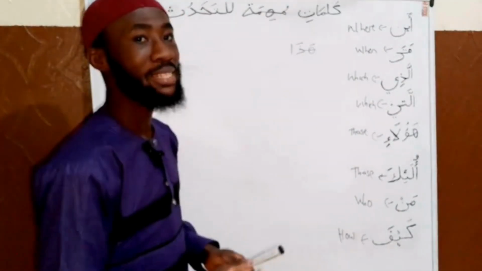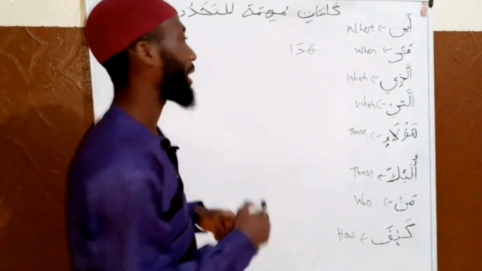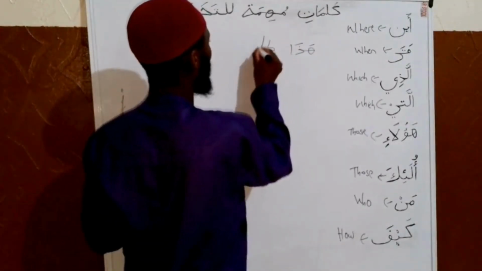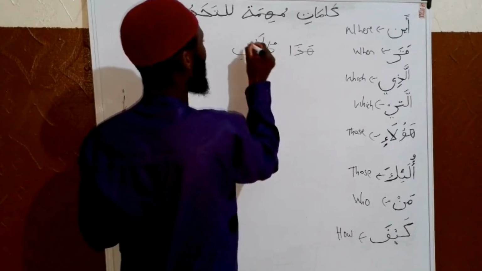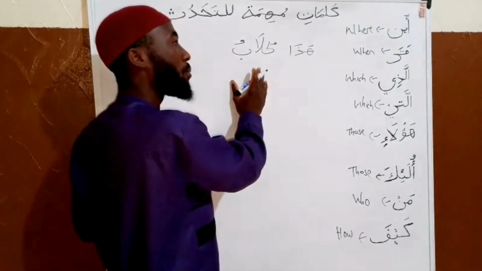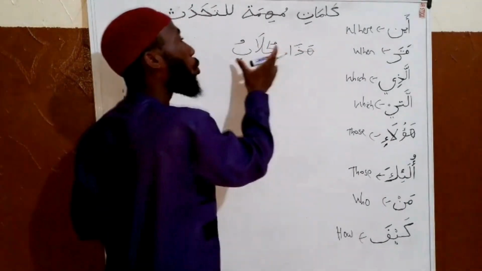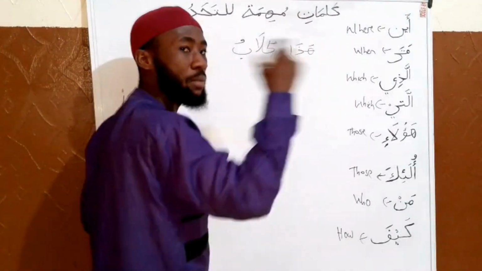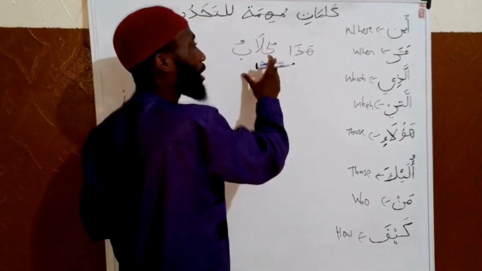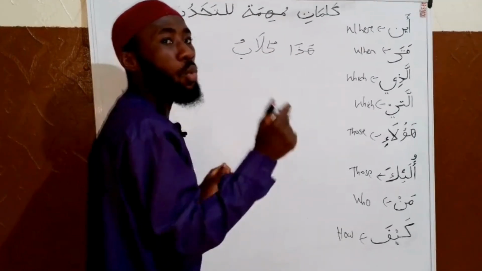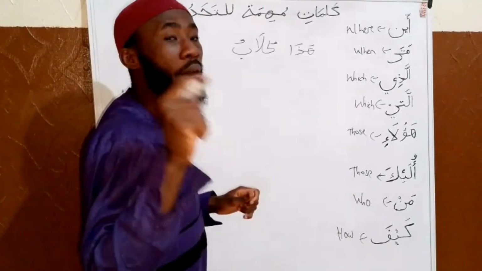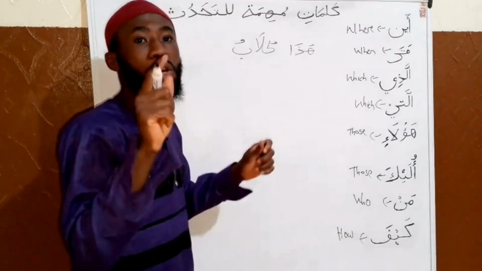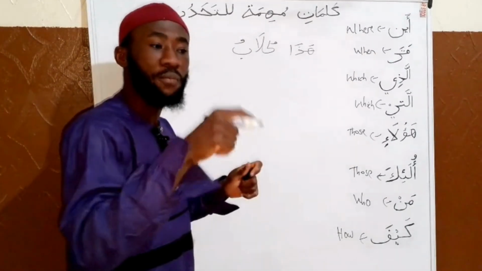Now hada talib, you can't say hada tulab, this is wrong, because hada is singular and tulab is the plural. If you say hada tulab, you have made a mistake.